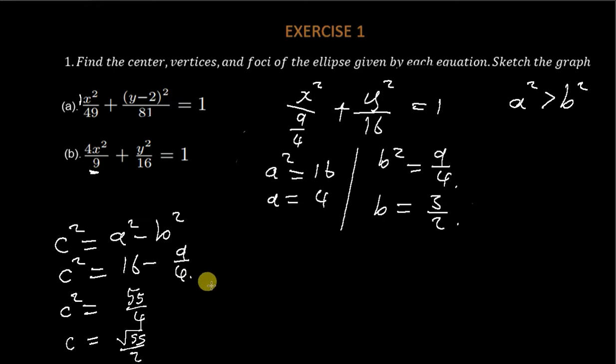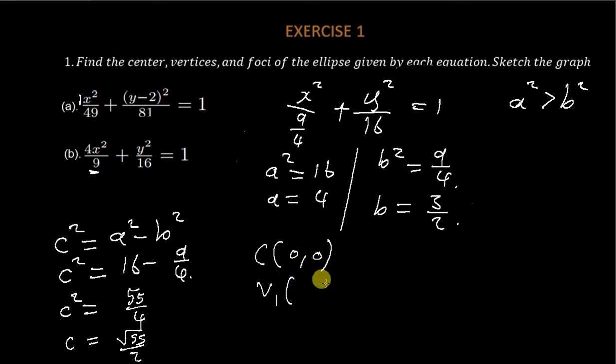So from there we can now find the vertices. So v1, first our center, let's first start with our center. So the center is simply just 0, 0, and then v1 will just be, we add, since we know that it's in the y, because our a is under the y-axis, so we add a to the y-coordinate.